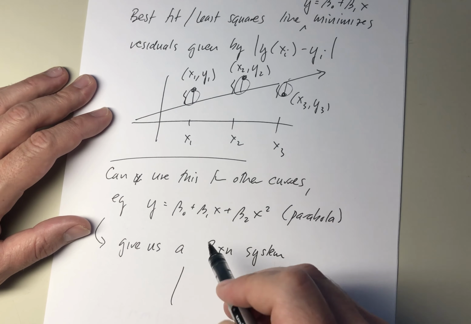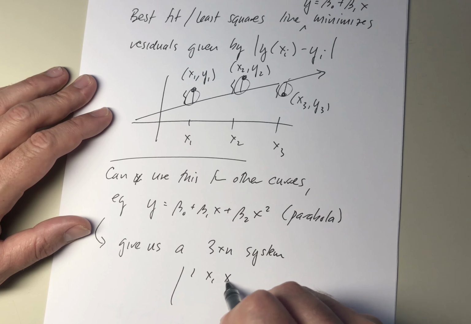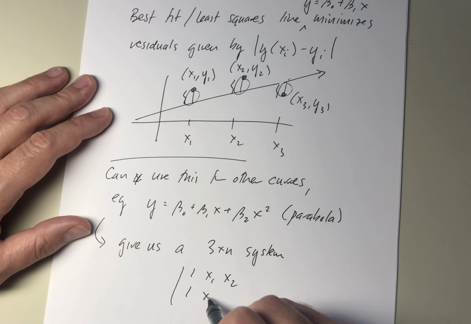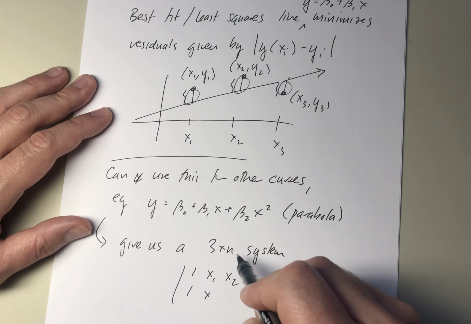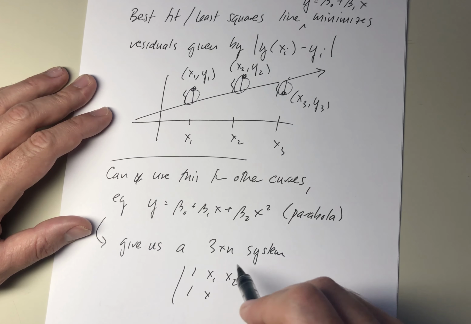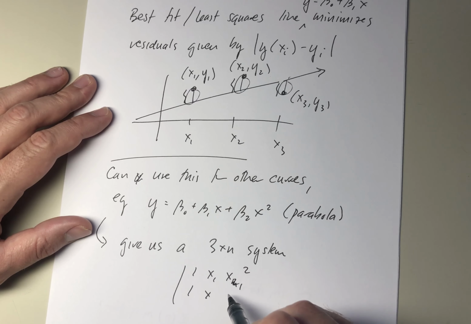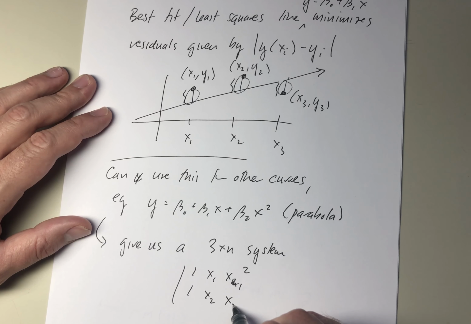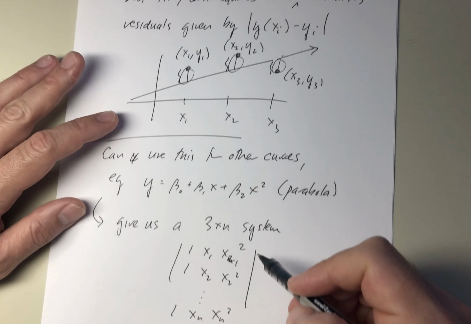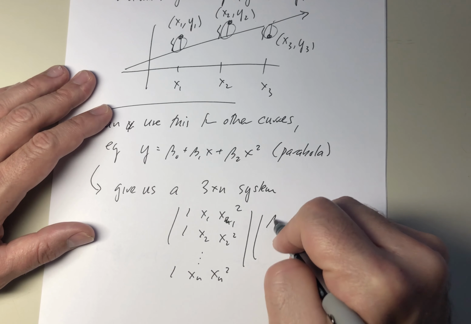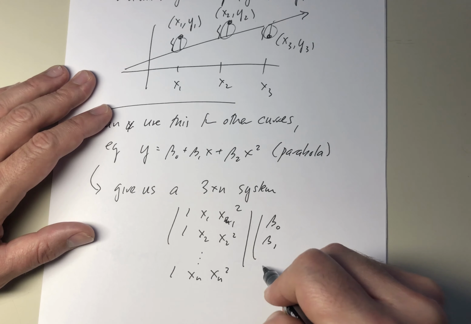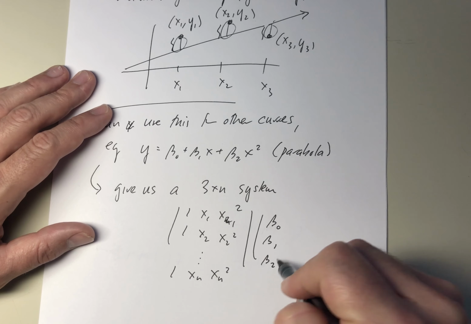where it would look like 1, x1, x1 squared, of course. And this would be 1, x2, x2 squared, dot dot dot, 1, xn, xn squared. And this would be multiplied by 3 things now, because I have 3 variables, the beta naught, beta 1, and beta 2.